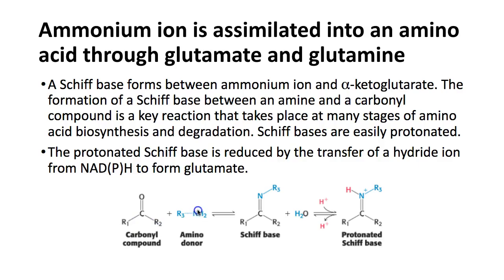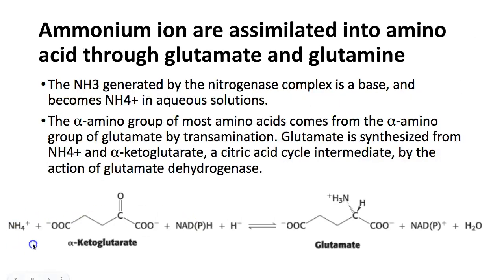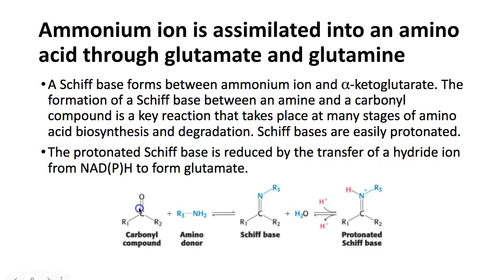And then you have an amine donor that represents the ammonium ion. And so when the two react together, it forms this Schiff base. And so from there, it is readily protonated, and you have this protonation that forms the protonated Schiff base.